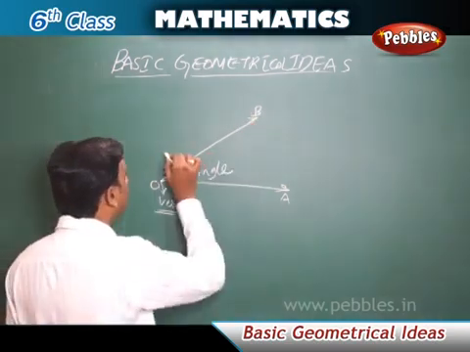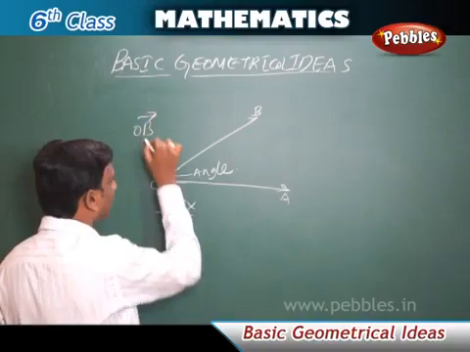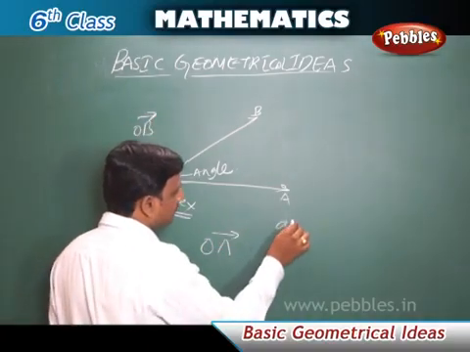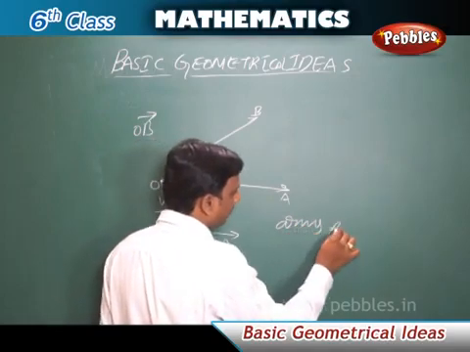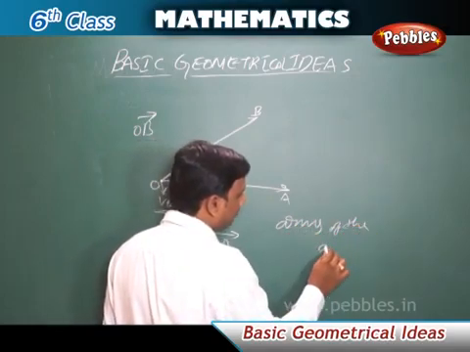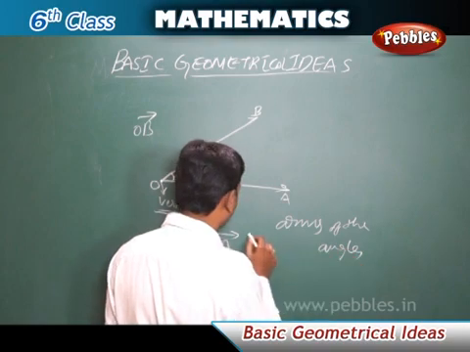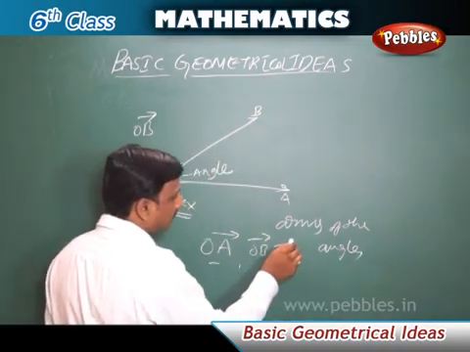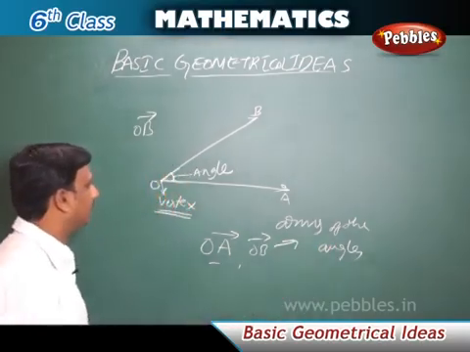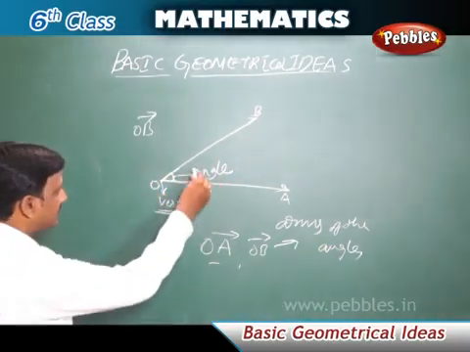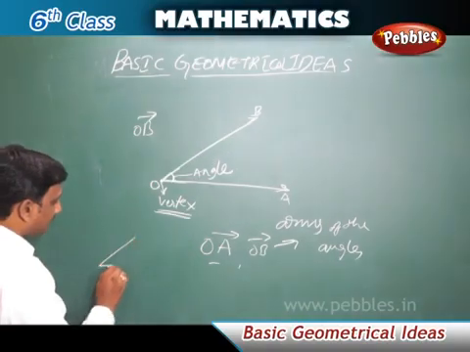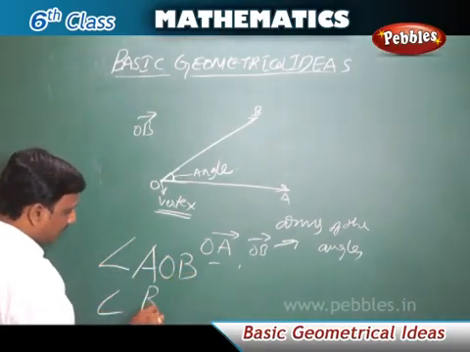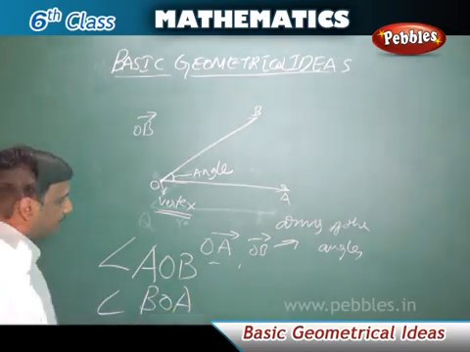Here ray OB and ray OA are the arms of the angle. These two are OA and OB. These two are arms of the angle. And we call this angle as angle AOB or angle BOA.